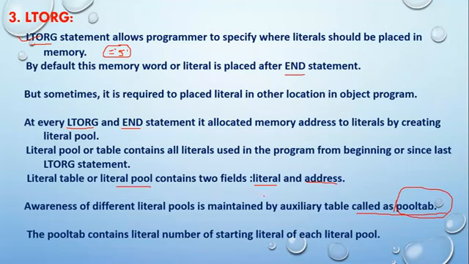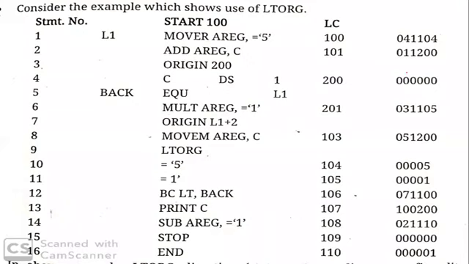Now we consider this particular example corresponding to the given literal pool. This example contains different literals. At the first statement we have =5 as a literal. The second literal is =1, which is given in statement number 6. That is, statement number 1 and statement number 6 contain the literal values.